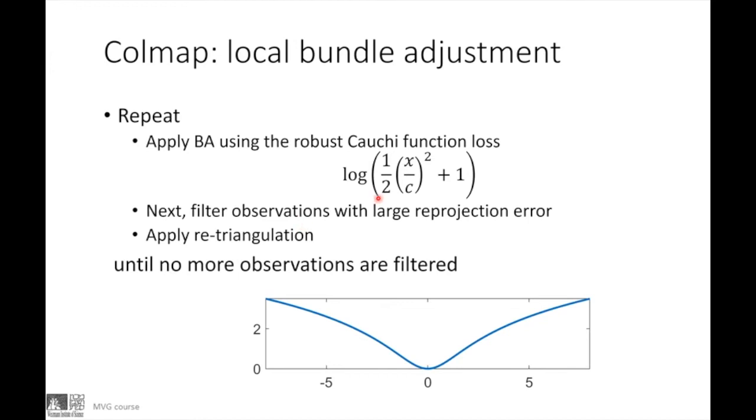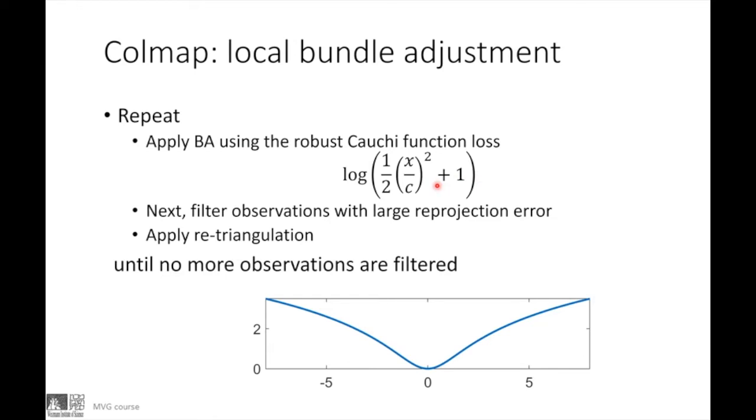Where c is a parameter that tells you where this change from a parabola to a logarithmic function happens. So this is a robust function: if the distance between the prediction and the actual projection is large, then the cost is not so high. That's an outlier, and you don't want it to affect your answer too much. So in the bundle adjustment step, they minimize this function.